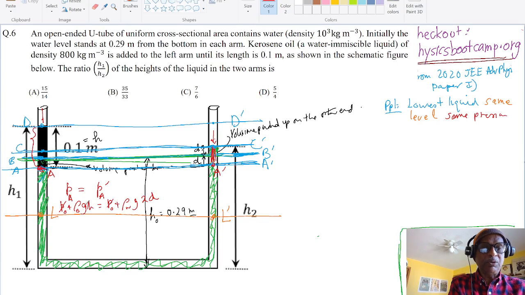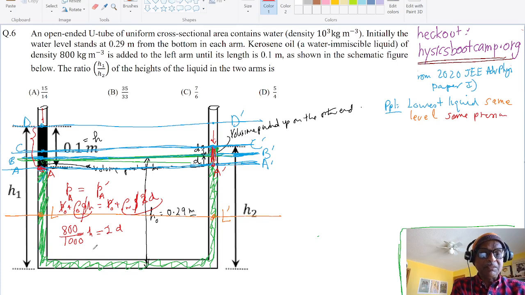P0 cancels out, then this is left, then G will cancel out, and this is 800 and 1000, not 2, the G will cancel out. So 800 over 1000 times H equals 2 times D. So D actually is, we know how much D is.